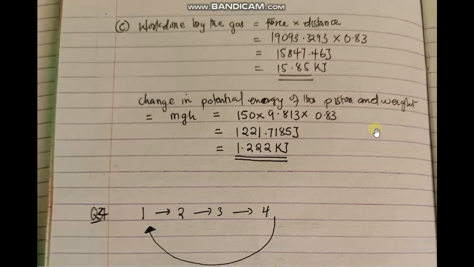So the change in potential energy of the piston and the weight will be equal to the mass of the piston and the weight, which is 150, multiplied by acceleration due to gravity 9.813 times the distance moved, or the height, which is 0.83. Then this should give you 1221.7. Yeah, this was in joules. Then you convert it to kilojoule. Okay, this should give you this answer.